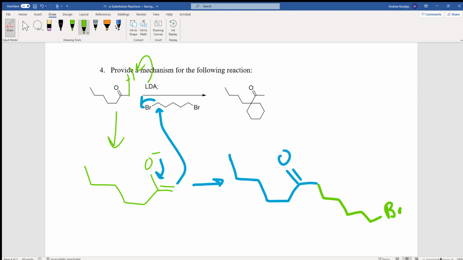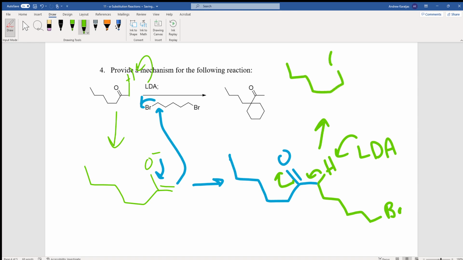And if we now form another enolate, from more base being present, that resulting enolate, that we form here in this second step, ran out of room, so we'll just imagine that we know the bromine's there.